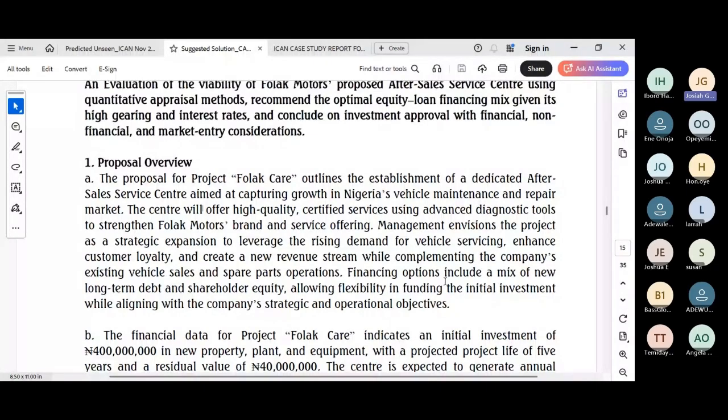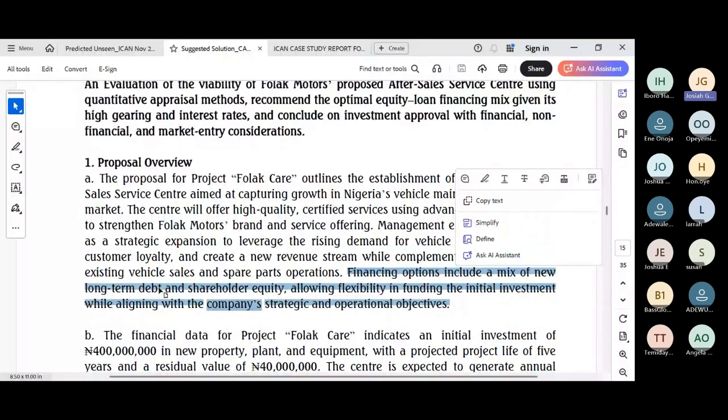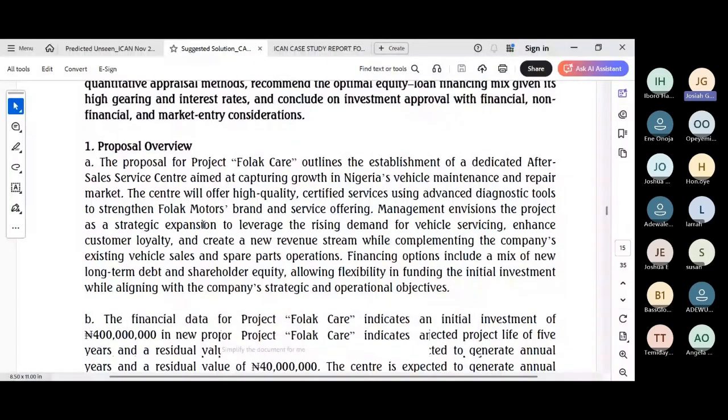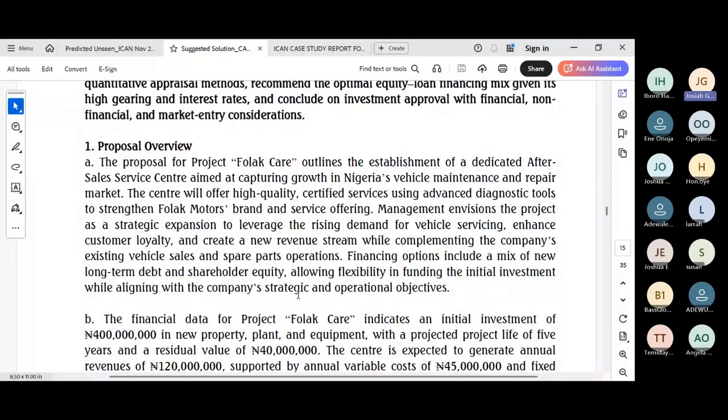And concluded this by saying the finance options include a mix of new long-term debt and shareholder equity, allowing flexibility in funding the initial investment while aligning with the company's strategic and operational objectives.